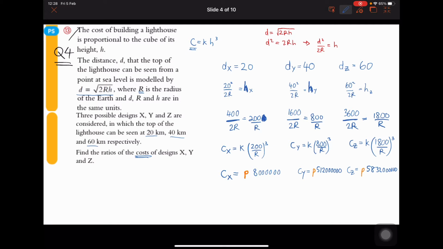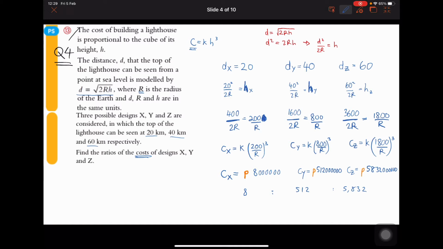Alright, now I can find the ratios. Well, I actually have a ratio here. I have 8 million, 512 million, and 5 billion 832 million. So I've simplified it by just removing the 6 zeros. They all have 6 zeros, right? Yeah. So I've just removed them.